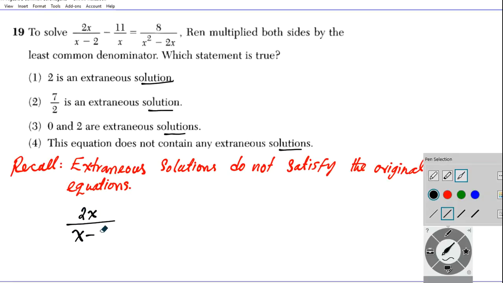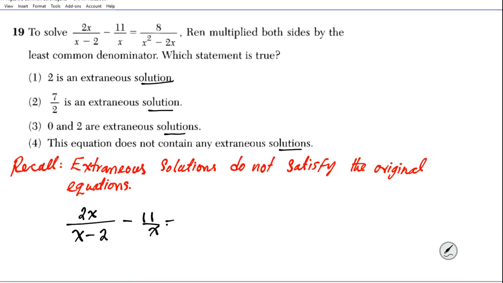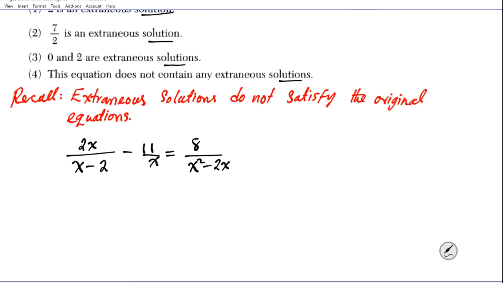2x over x minus 2 minus 11 over x equals 8 over x squared minus 2x. Alright, so first things first, we want to eliminate the denominator. To eliminate the denominator, we're going to multiply by the LCD. To find the LCD of the denominators, we want to factor completely. That really facilitates the process.